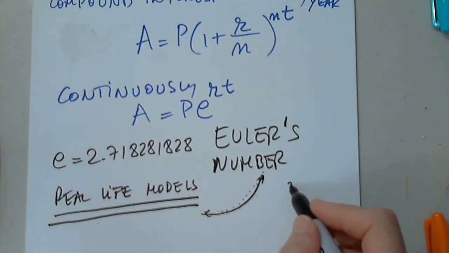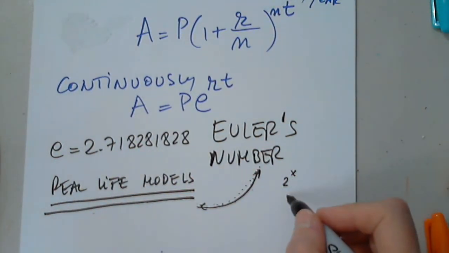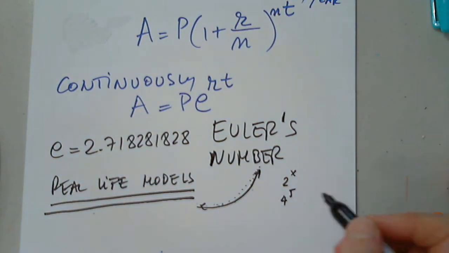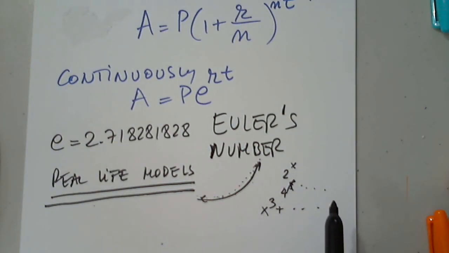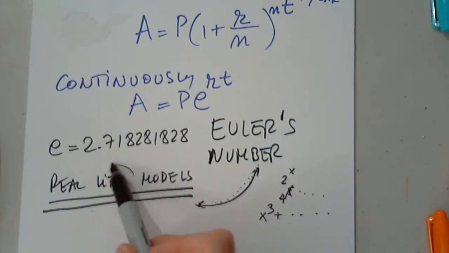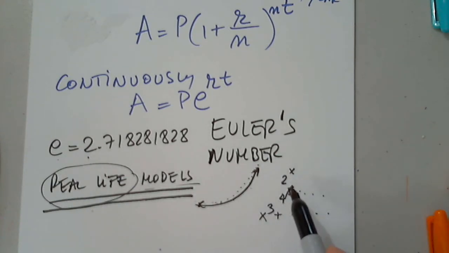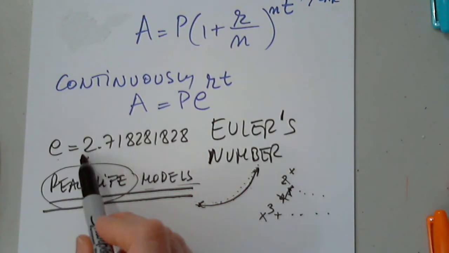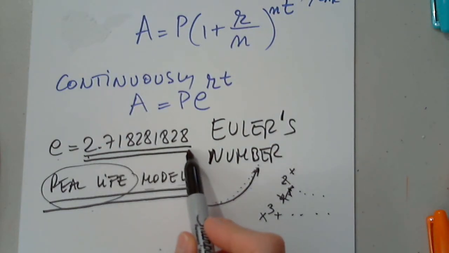I'm just explaining the idea. He tried 2 to the x, it didn't work. He tried 4 to the x, it didn't work. He tried x cubed plus whatever, a polynomial function. And at some point, he realized that a lot of real life situations need a base that is not 2, not 4, not 3, not polynomial, but he came up with this number many times.